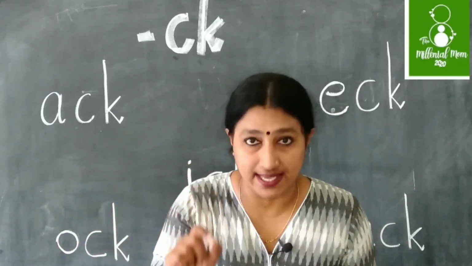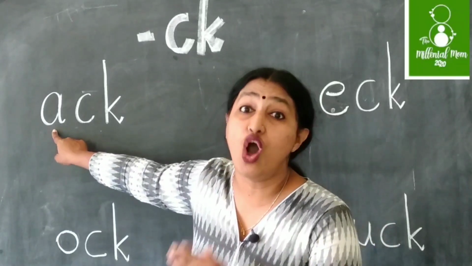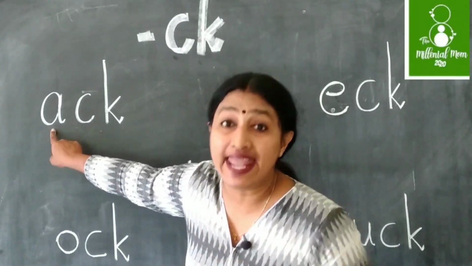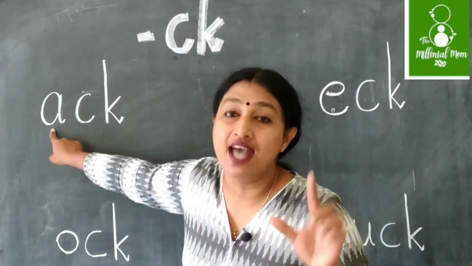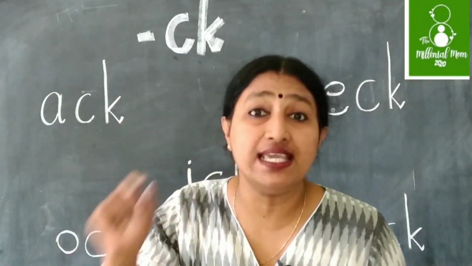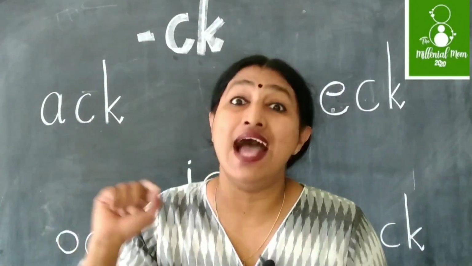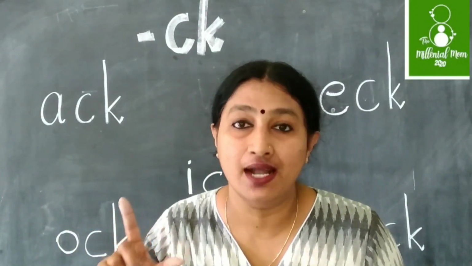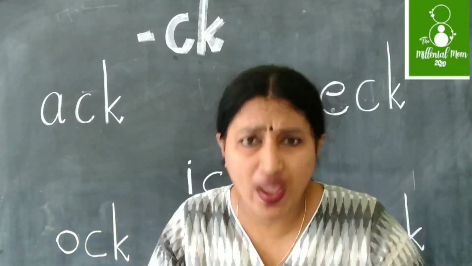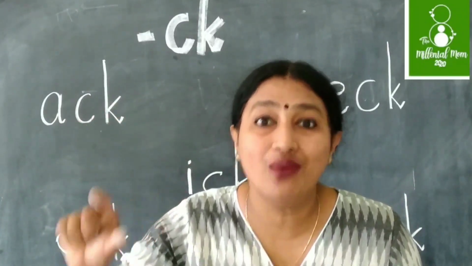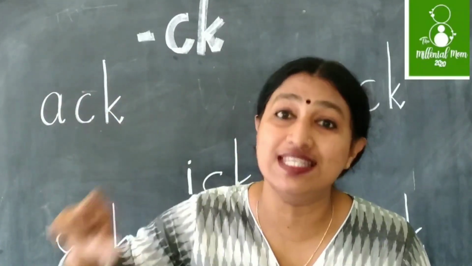Now the rule is, if you see A before CK, A is always the short sound, ack. So whenever you see ACK in a word, the word will read as ack. It is never going to be the long sound of A. It will always be the short vowel sound of A if A comes before CK.